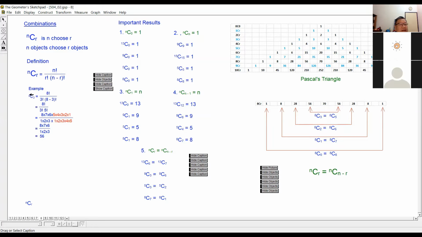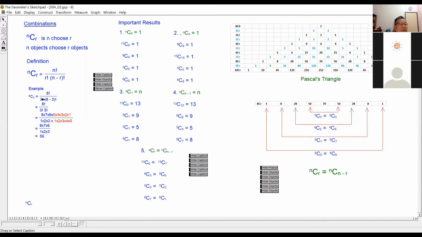So let us take this example, 8C3. 8C3 means I have 8 objects and I want to choose 3 objects. How to calculate this number? You take 8 and put it at the top, 8 factorial. Then the 3 you put at the bottom, 3 factorial. And there's still one more factorial.